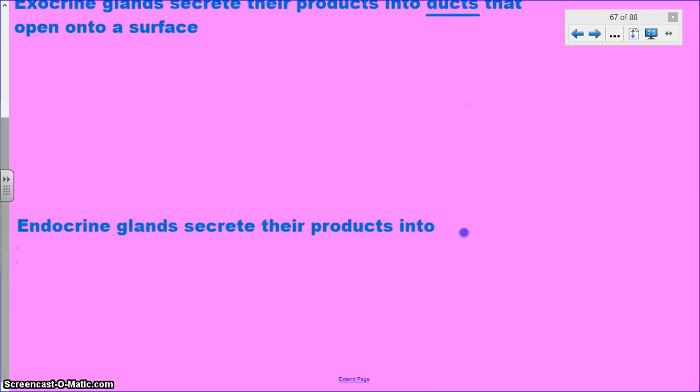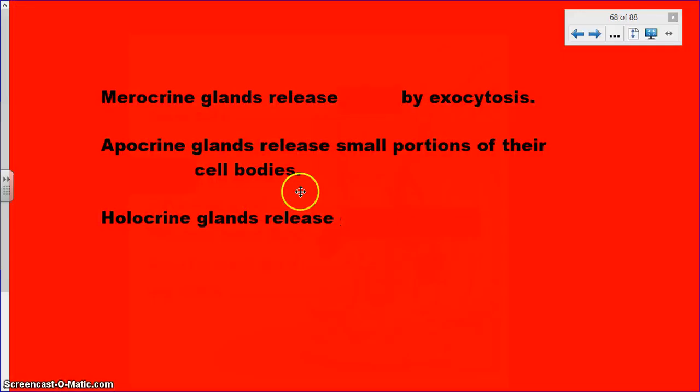Endocrine glands are those that secrete directly into either tissue fluid or into your blood. Your endocrine glands are your thyroid, your pancreas, your ovaries, testes. Salivary glands would be more exocrine.